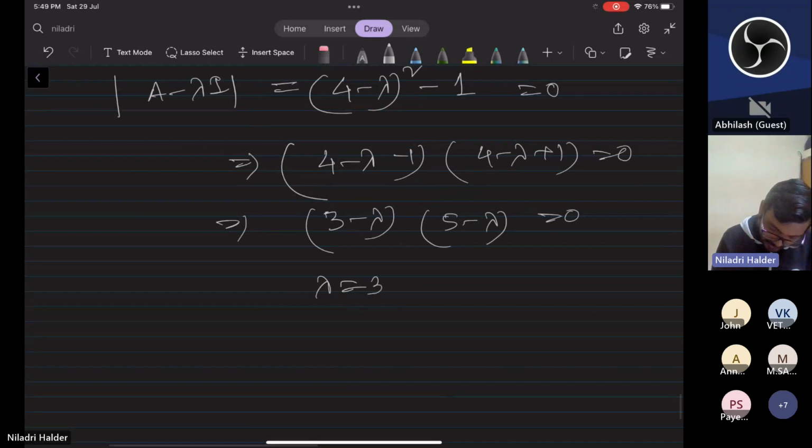So lambda equals 3 and lambda equals 5. These two are the eigenvalues.